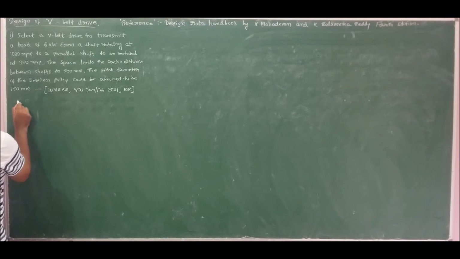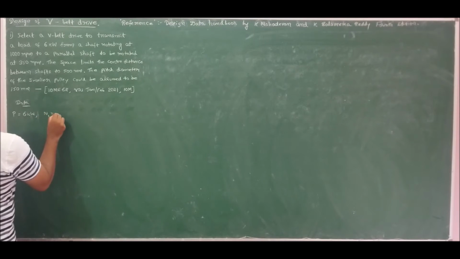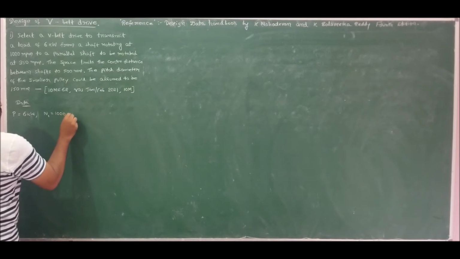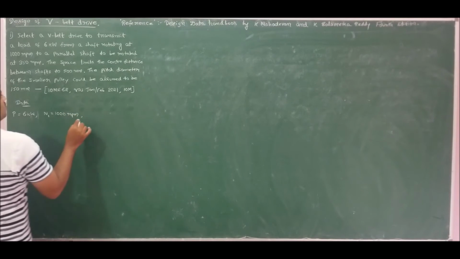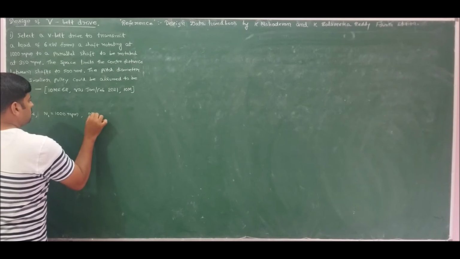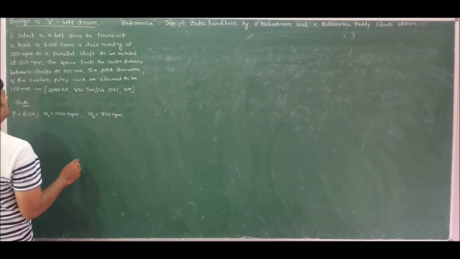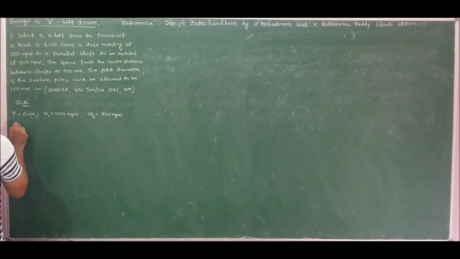So if we list out the data given for this problem, we have a total power of 6 kilowatts to be transmitted from a prime mover rotating at 1000 rpm to a driven shaft whose speed is given as 350 rpm, and the center distance is specified as 500 millimeters.